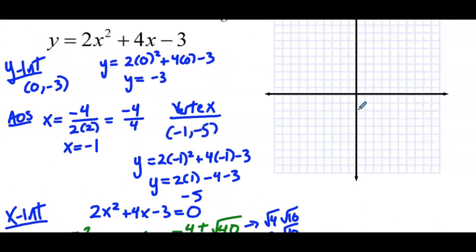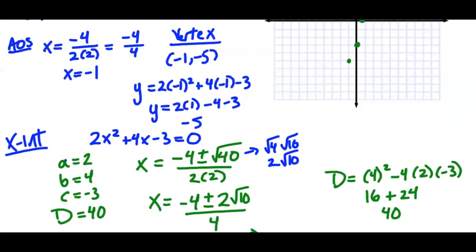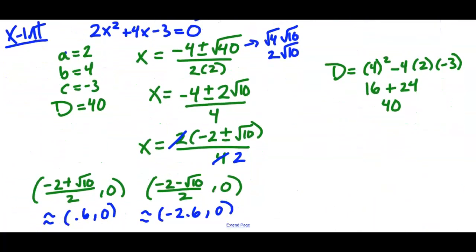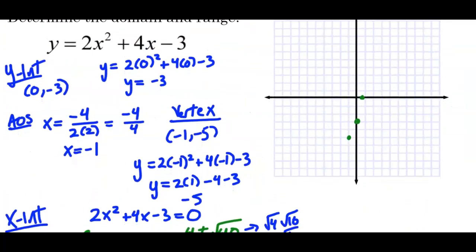So we have the y-intercept at 0, negative 3, the vertex at negative 1, negative 5. One of the x-intercepts is 0.6, so a little bit past 1/2. And the other x-intercept is at negative 2.6.